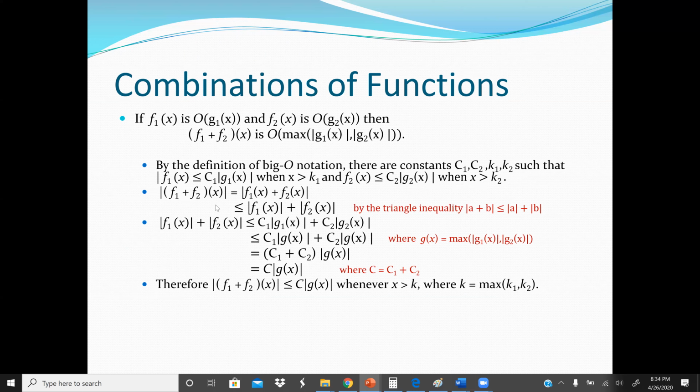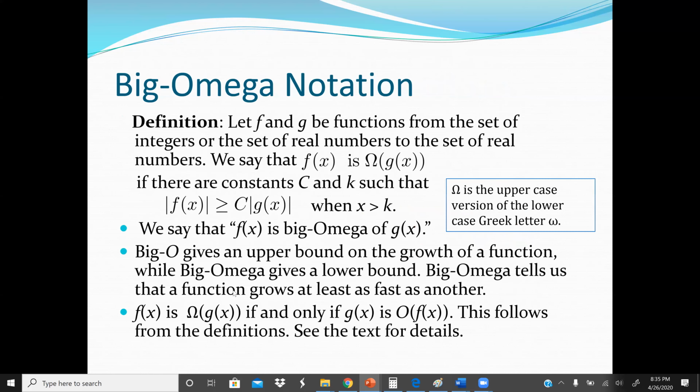So f1 plus f2 at x will give me f1 at x plus f2 at x, which is less than or equal to c1 g1 at x plus c2 g2 at x. So this is the argument of it.